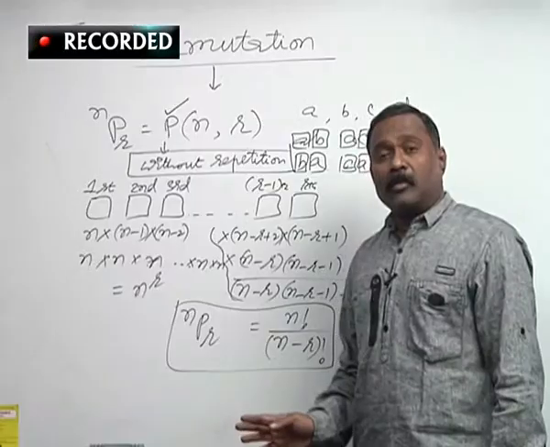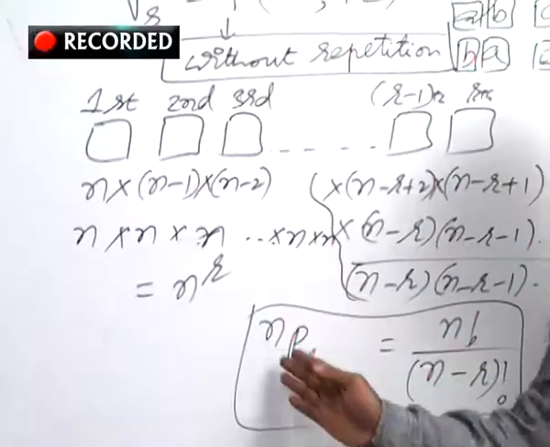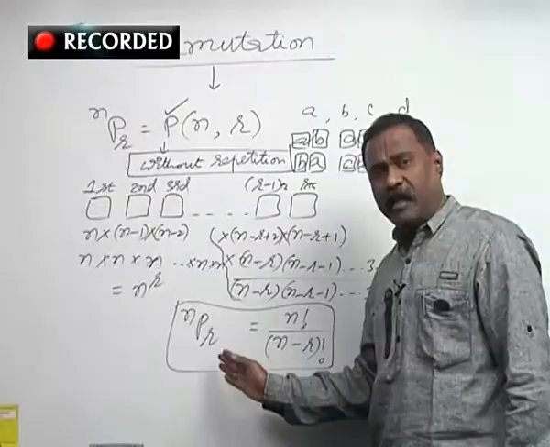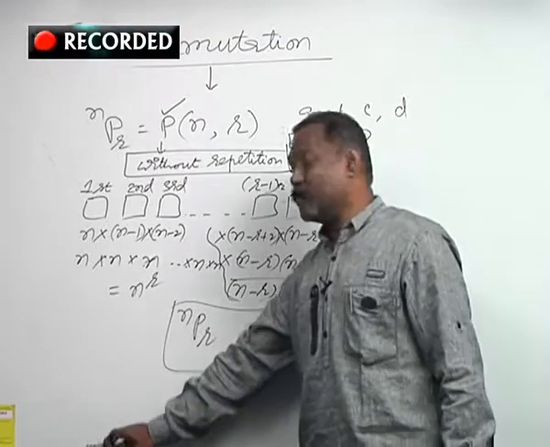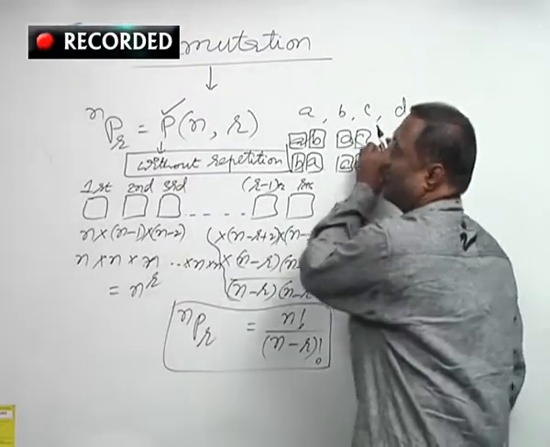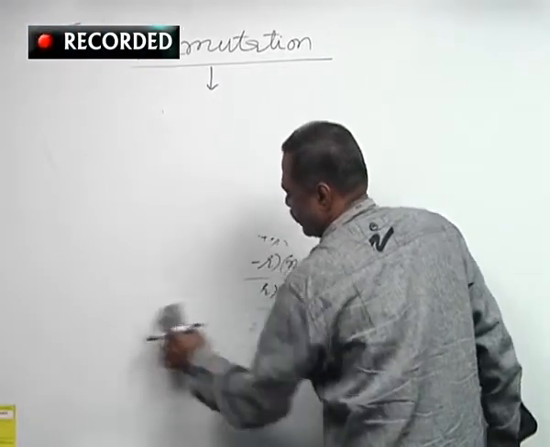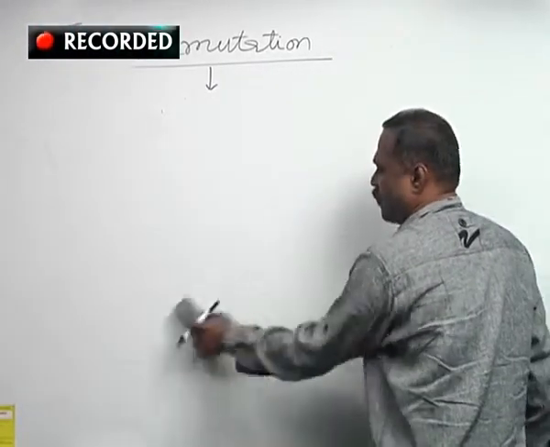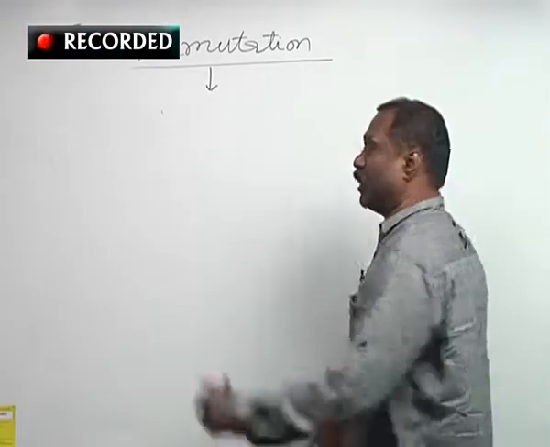So what is the conclusion here? Without repetition, nPr is nothing but n factorial upon n minus r factorial. With repetition, it is n power r. So let us write the final formula. I have just derived this to explain that this is also based on the principle of counting.